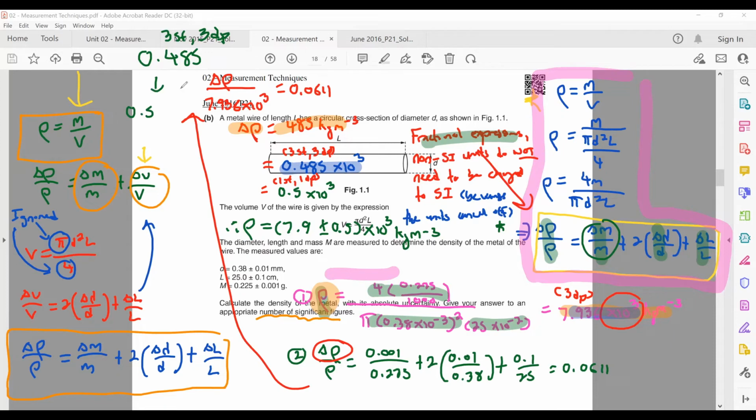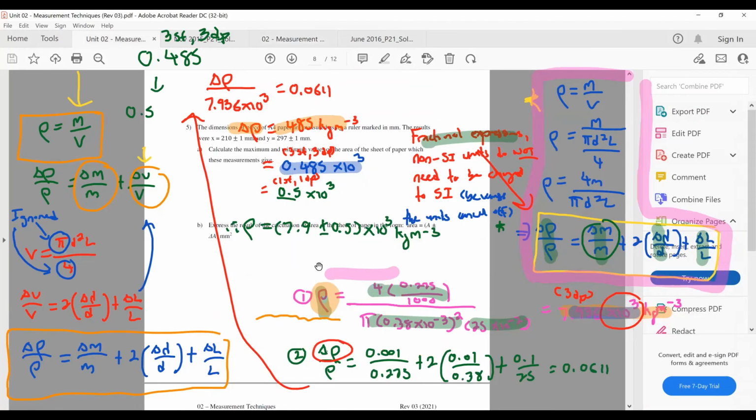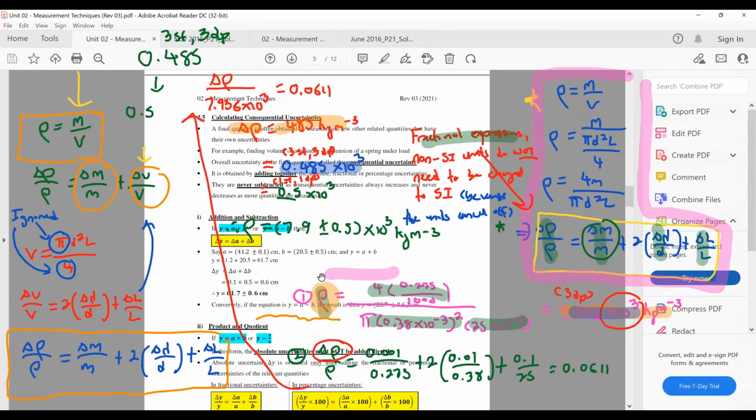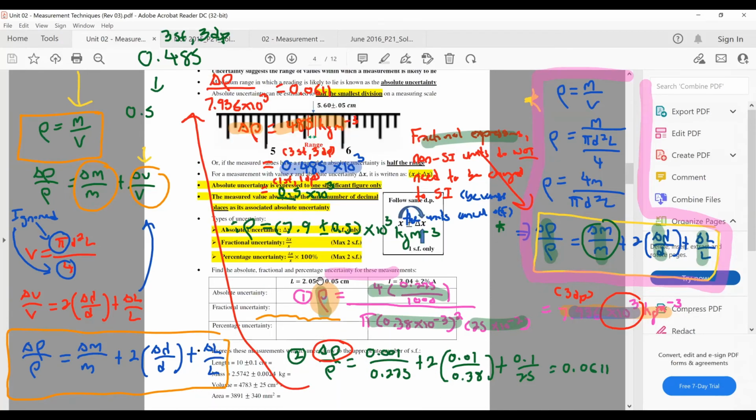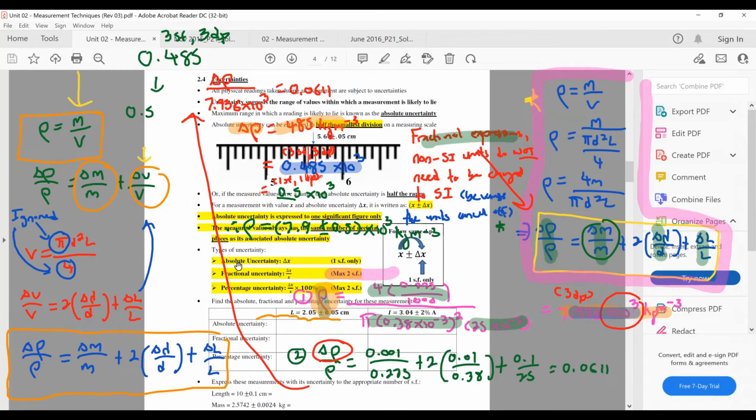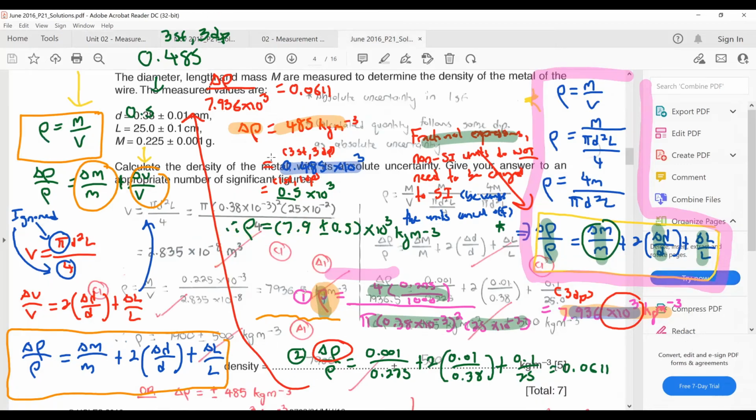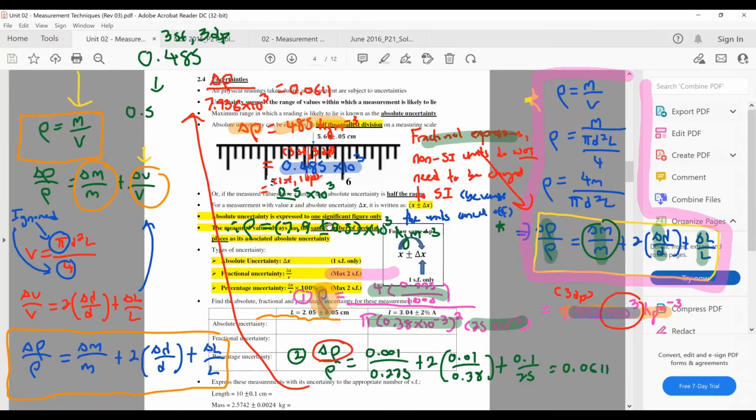So you always have to leave it in one SF, is it? Yeah, absolute uncertainty must always be in 1SF. That's one of the key rules. It is from this part of the notes that I mentioned, page 4 of the notes. Absolute uncertainty must always be at 1SF only.